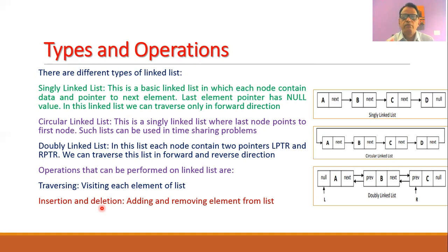In the deletion operation, we can remove an element from the linked list. It is also possible to perform an operation such as searching a linked list, that is, whether an element is present in the linked list or not can be determined using this operation. So various operations can be performed on the linked list, but as far as this session is concerned, we are going to discuss only the first operation, the traversing operation of the linked list.